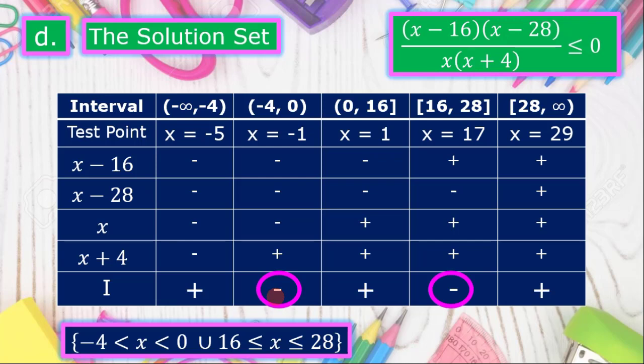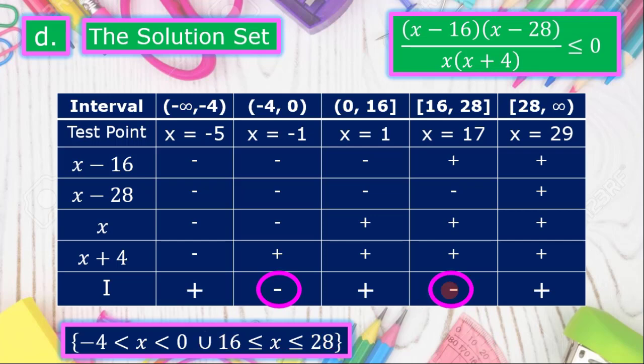So let's recall. We have the solution set here. So we can take this one because this is the only interval, these 2 intervals here, that will make our inequality true. So it says here -4 less than x, x is less than 0 for this part of the interval. Union, we use the union of sets.